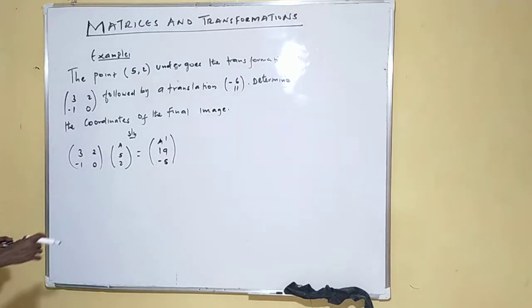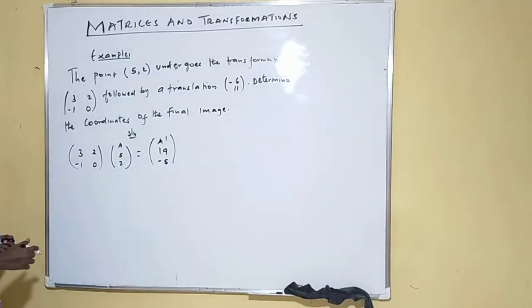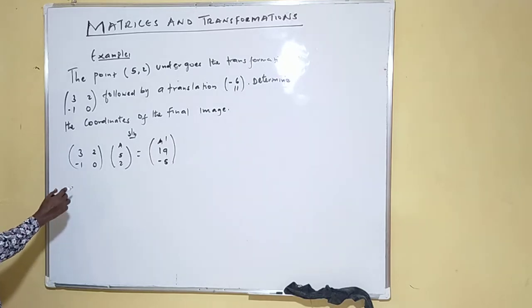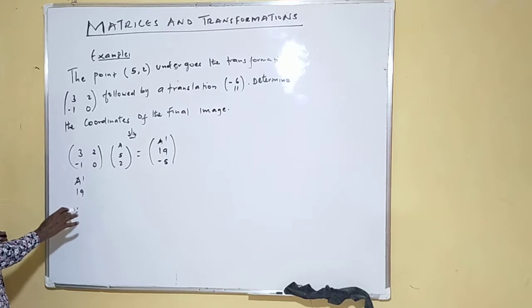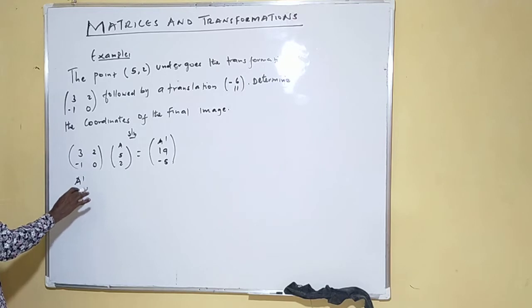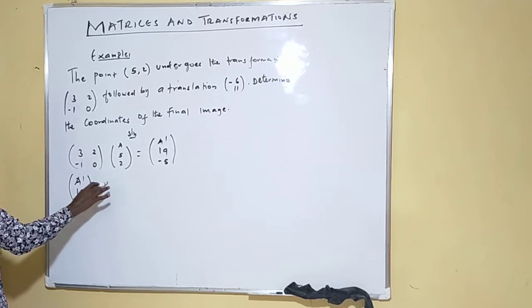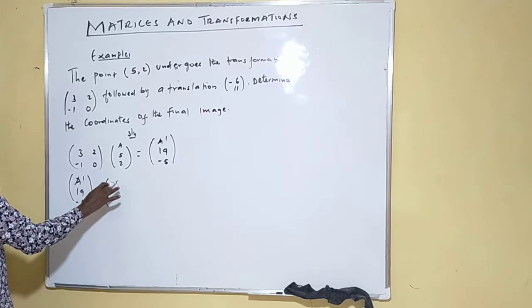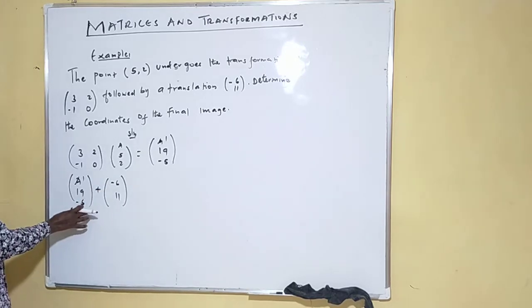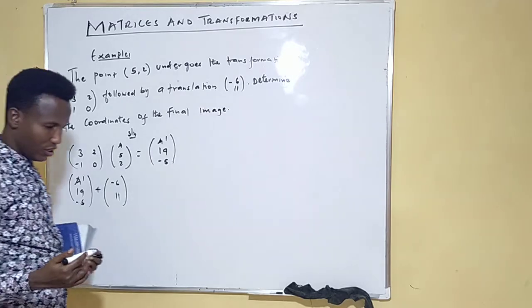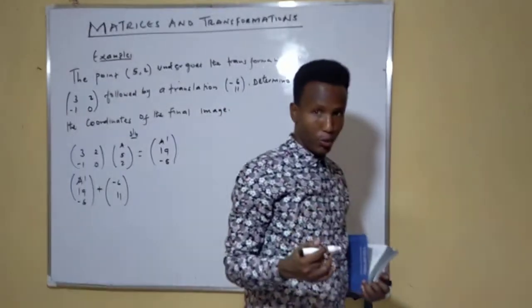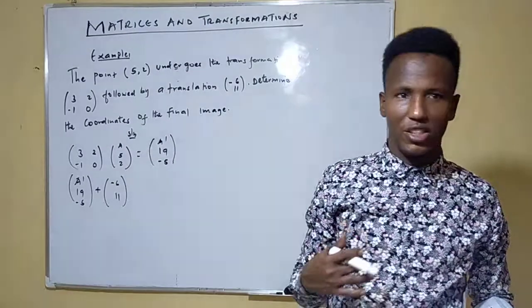The first image, because it has to undergo what again? Translation. So you're given also a translation. Then we want to get our A double prime, which is the second image. So we are going to say A prime, which is (19, -5), close the bracket, plus the translation, which is (-6, 11). If you have a point and a translation, for you to get the image point, you're going to say the object point plus the translation given.